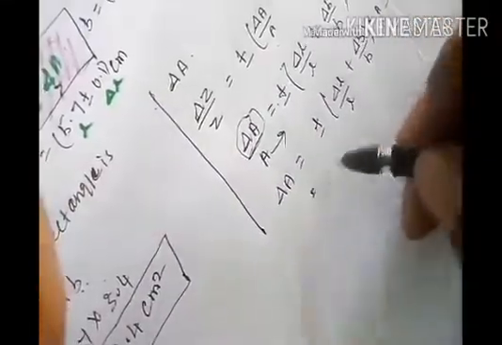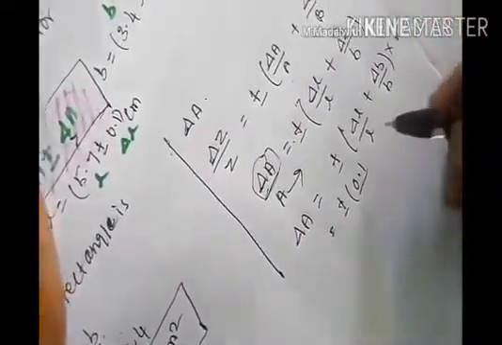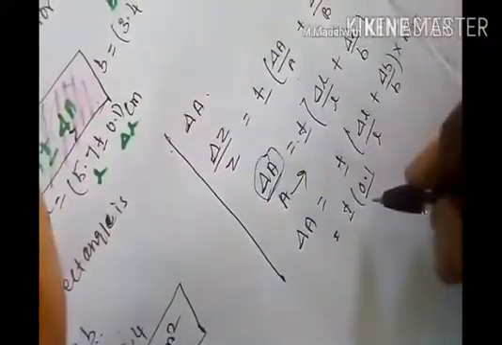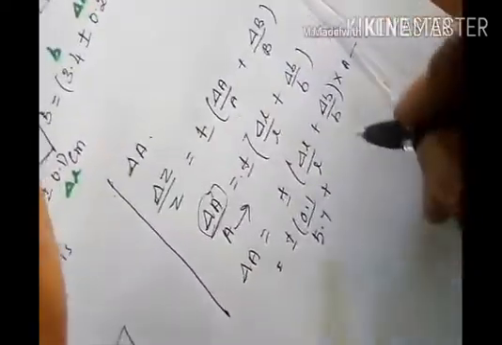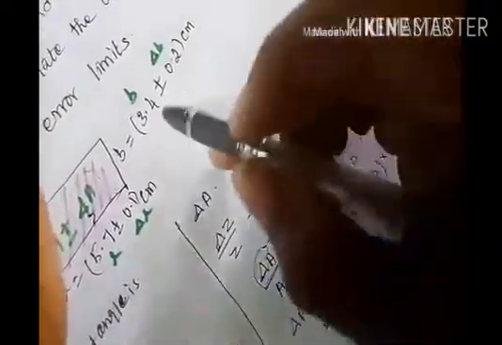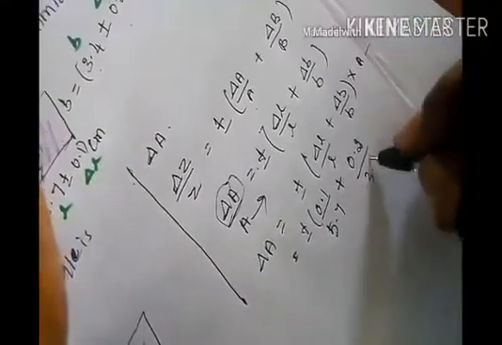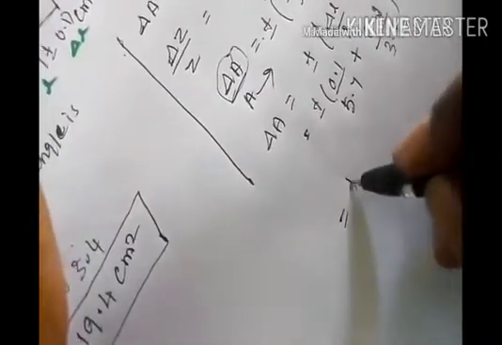So plus or minus, the delta L value is 0.1, divided by the L value, 5.7, plus the delta B value, 0.2, divided by the B value, 3.4, into the A value, already found, 19.4.